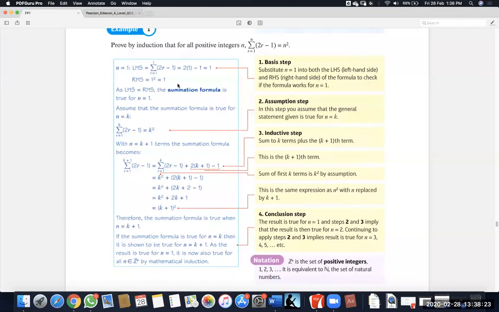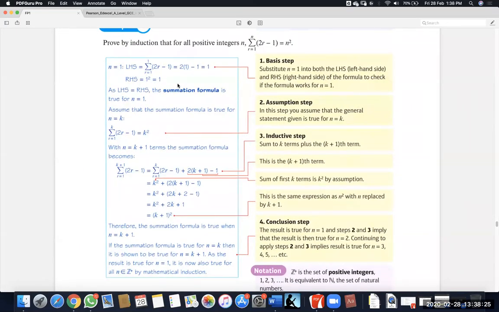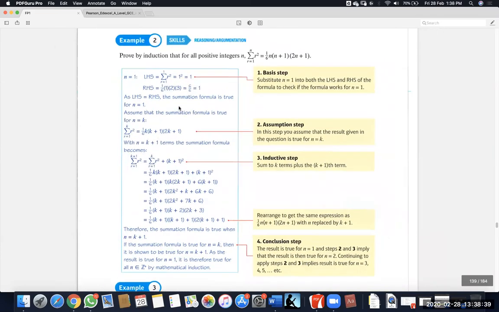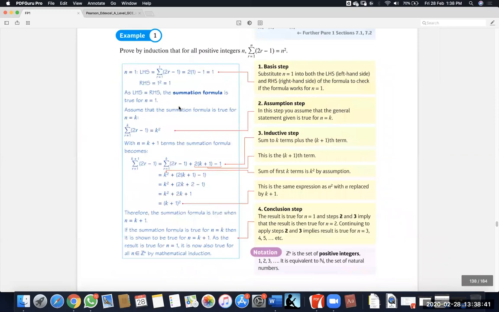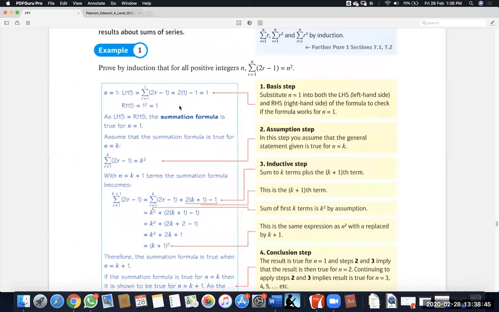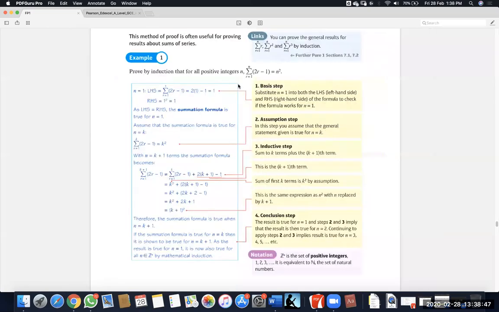If you read different mathematics textbooks, you can see each textbook has a different structure for writing the proof by induction. Let me give you the structure I like most because it will take the least writing.